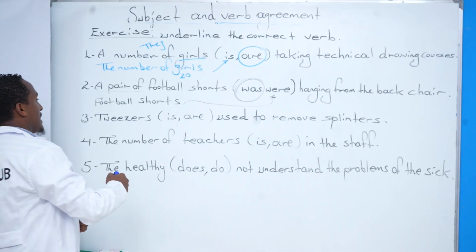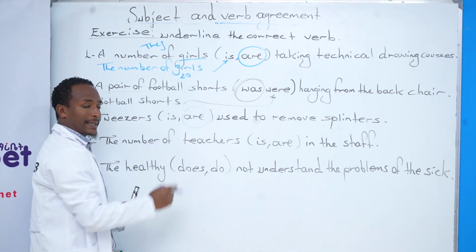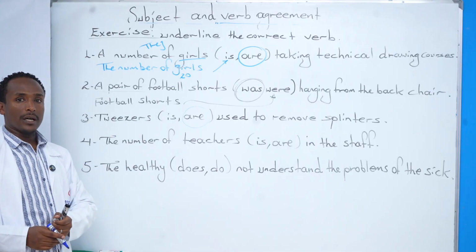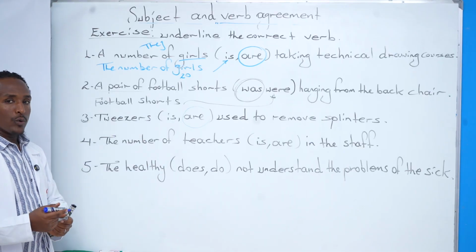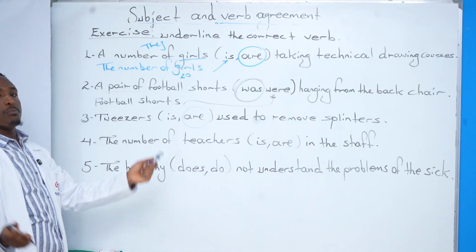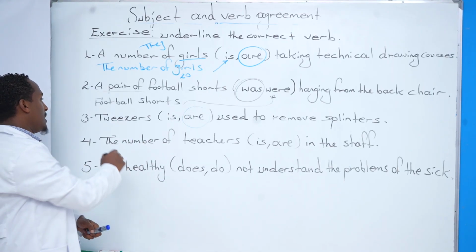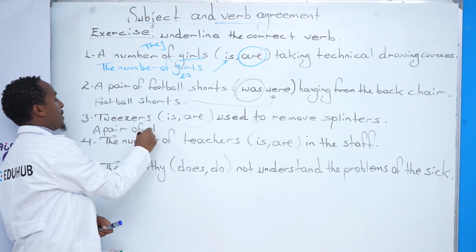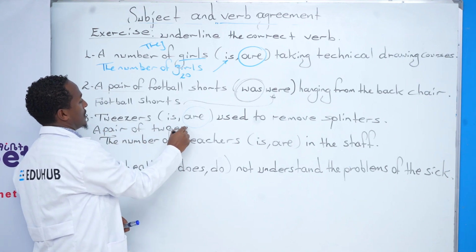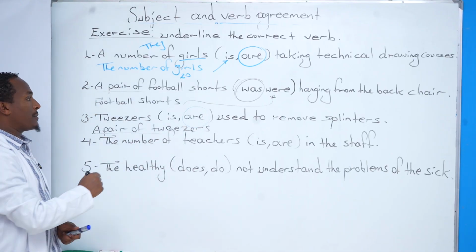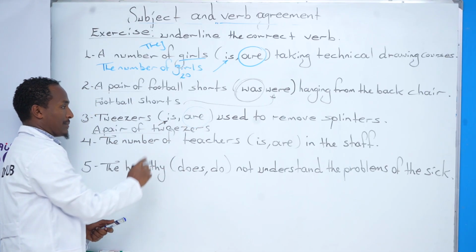If you say the answer is are, you are correct. This noun has s by nature at the end. To make it singular, we must add a pair of. But here you are talking about more than one tweezers. So a pair of tweezers. Now you make it a singular subject. So the verb must be is for this subject.